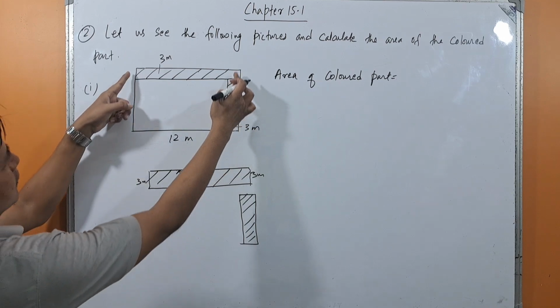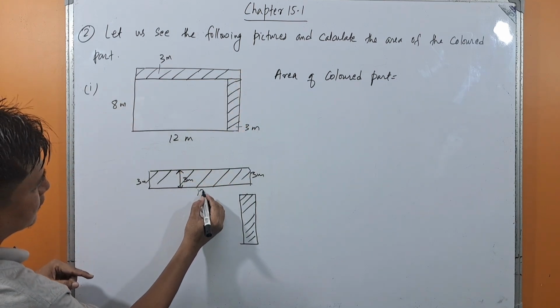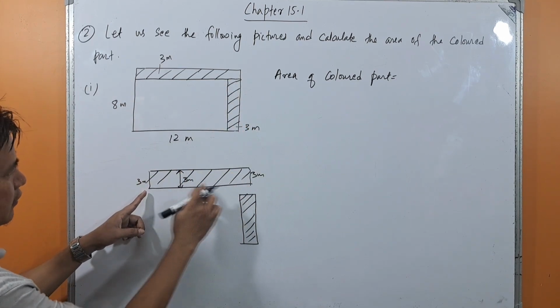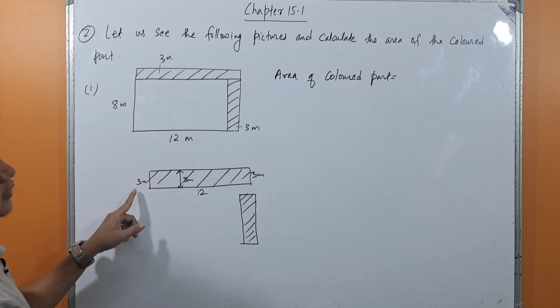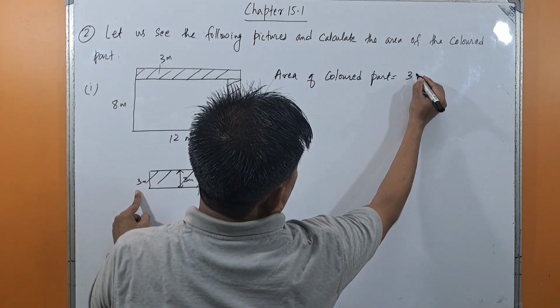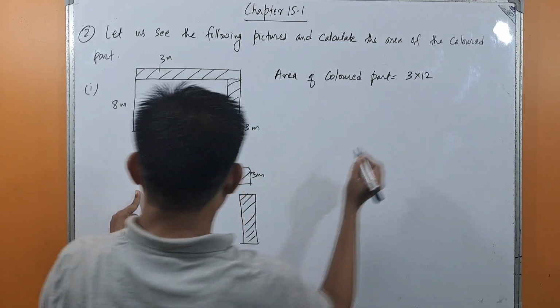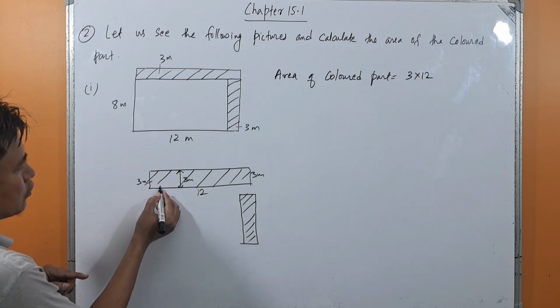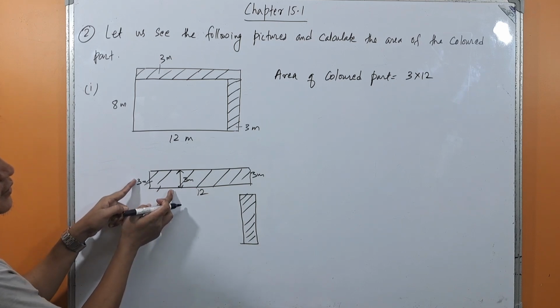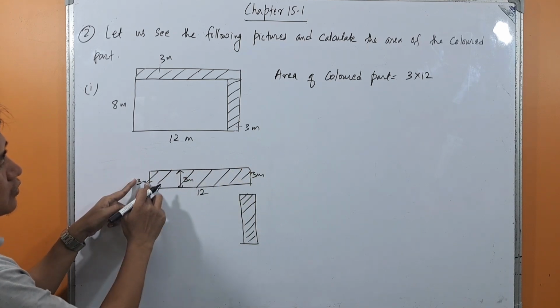So area of this small rectangle is length into breadth, 3 into 12. We multiply the adjacent sides, and when we multiply the adjacent sides, we get the area of this colored part.